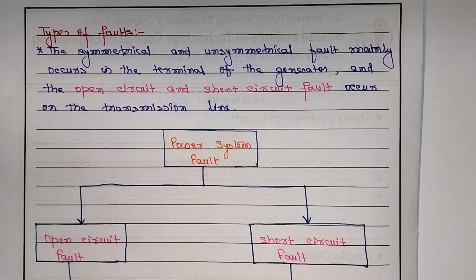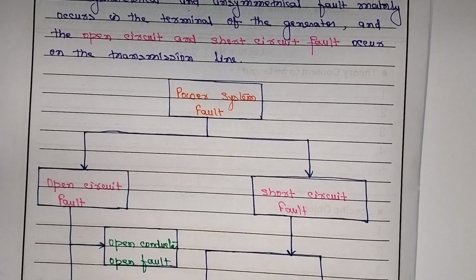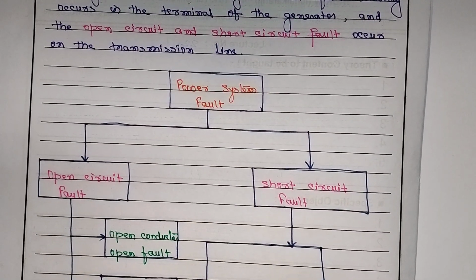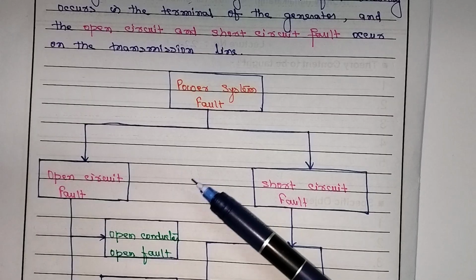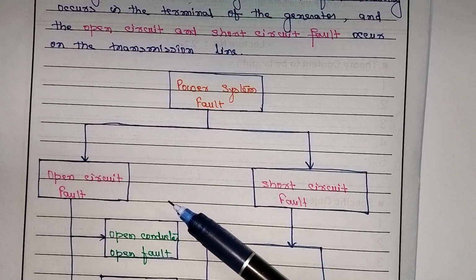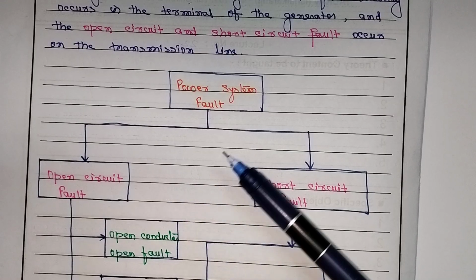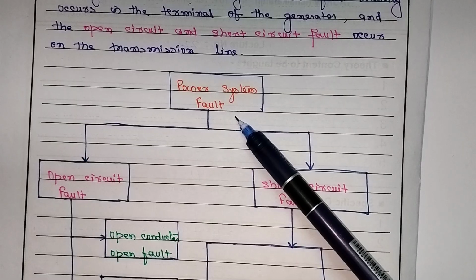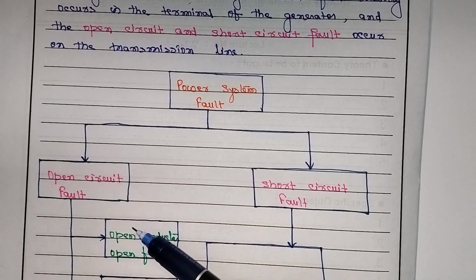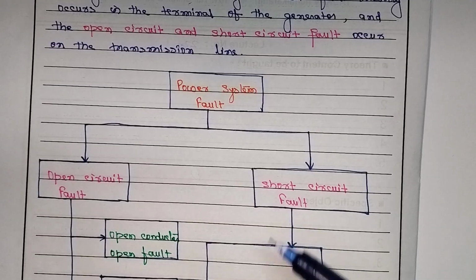Let us go through the diagram carefully, level by level. So the main division: at the top of the chart, all faults are grouped under the power system fault. From there, they are divided into open circuit faults and short circuit faults.